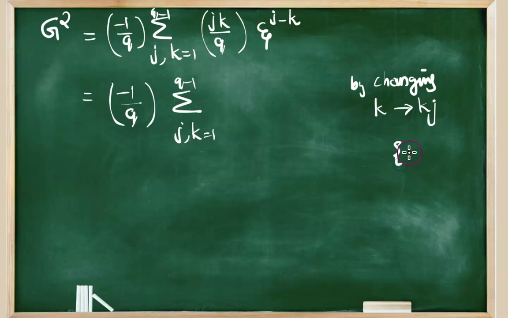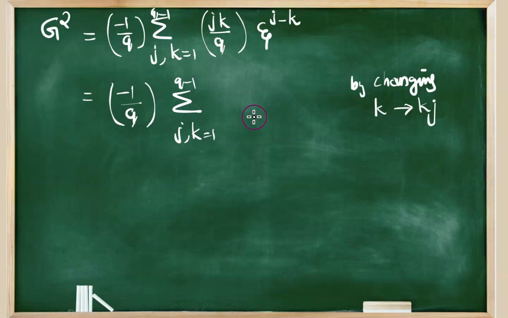Since we know that the set 0, 1, 2, etc., Q minus 1 and the set 0, J, 2J, etc., (Q minus 1) into J are two congruent sets, we can assume that after this variation also K varies from 1 to Q minus 1 in this summation.